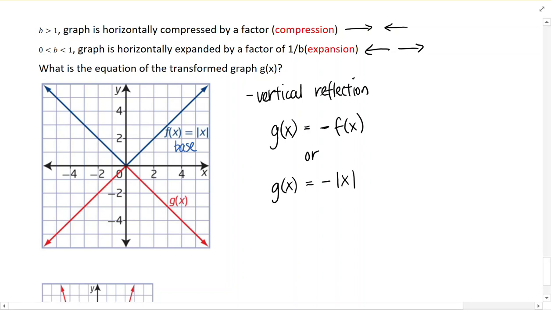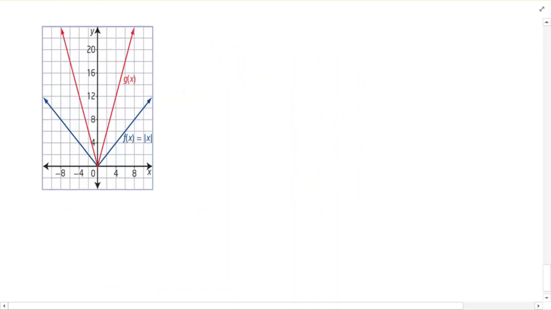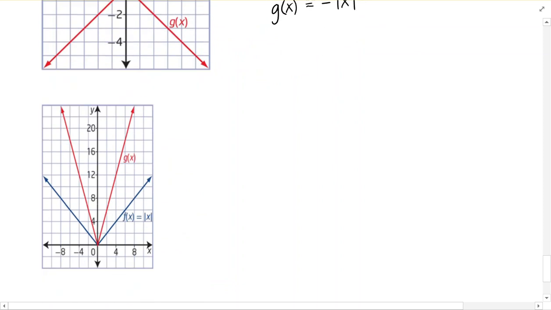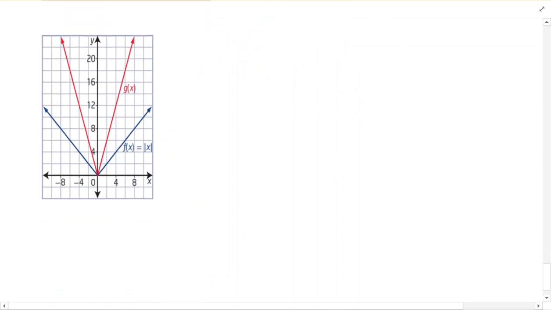Okay, let's scroll down a little bit more. Okay, last one here. Same thing, still the same question. What is the equation of the transformed graph g of x?